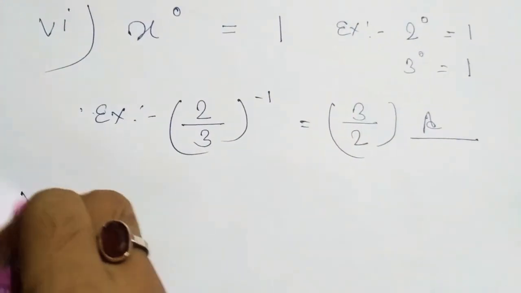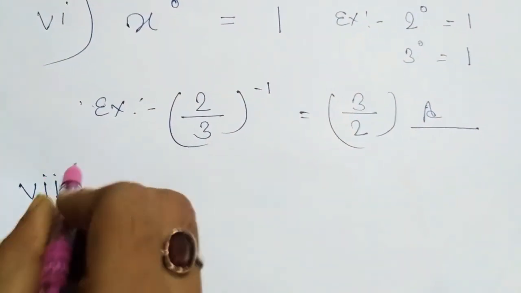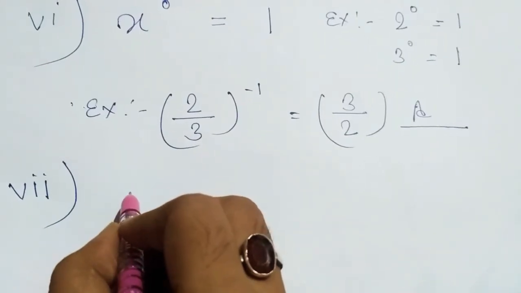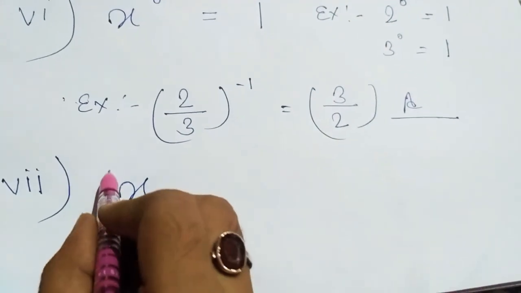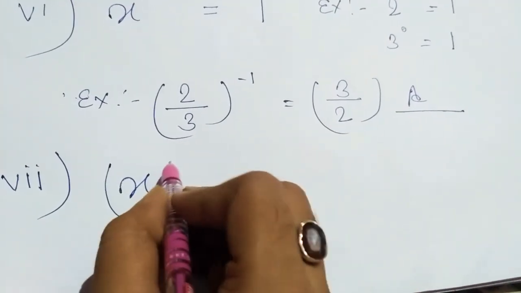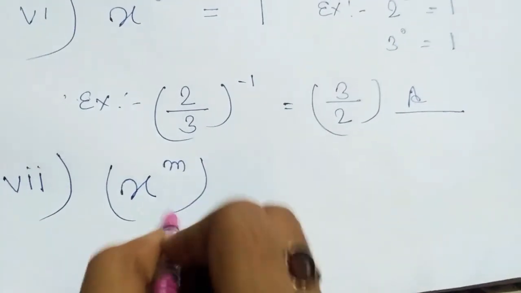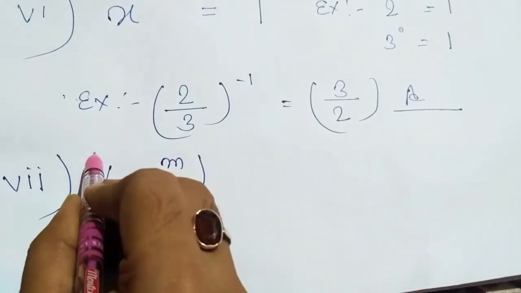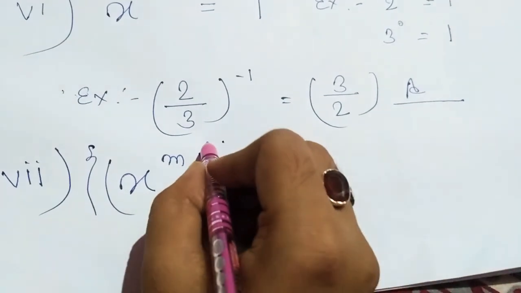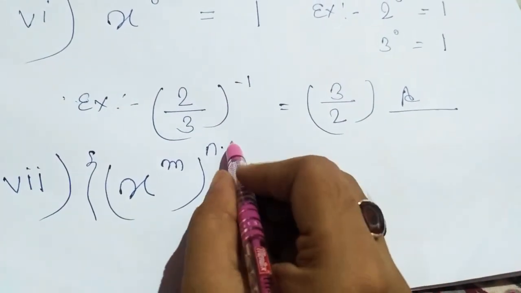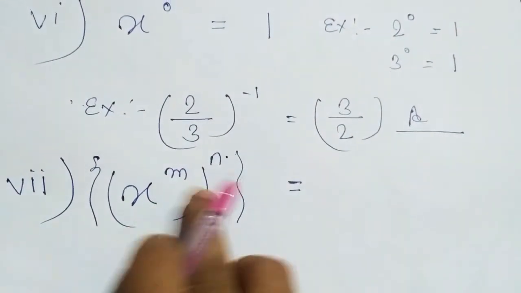Next law is, suppose that if you have a base and power m, power of power, okay, that means n. Then what is the meaning of it?